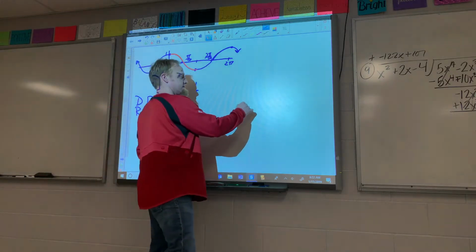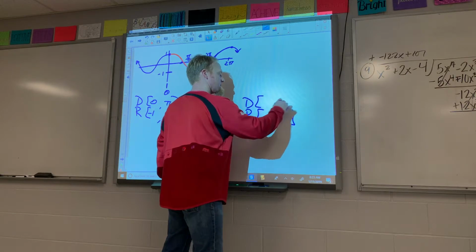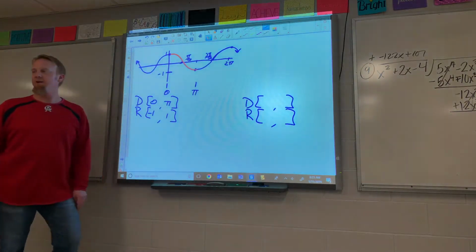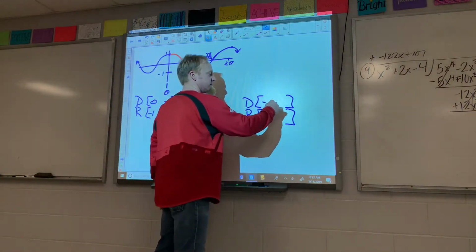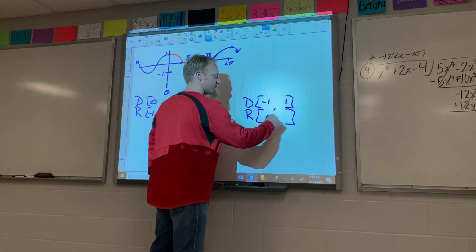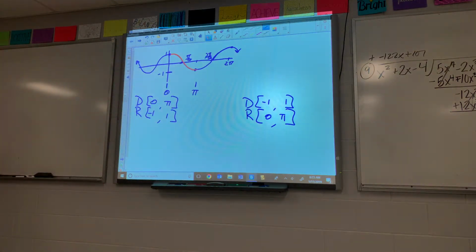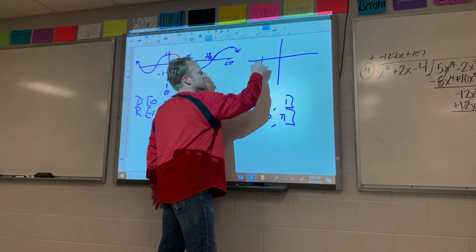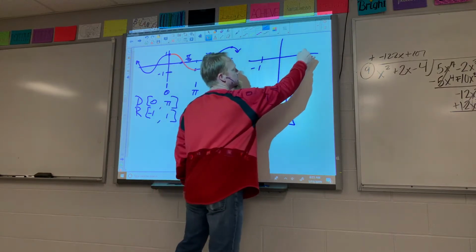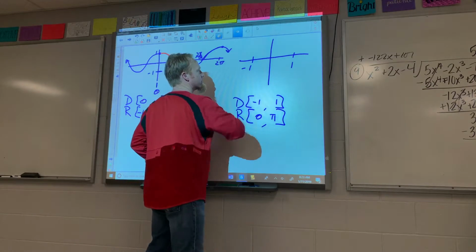So over here, when we get to the inverse, what do we know about the domain and range? They're switched. So we know the domain is -1 to 1, and we know the range is 0 to pi. Alright, so -1 to 1 and 0 to pi. I need to redraw this.